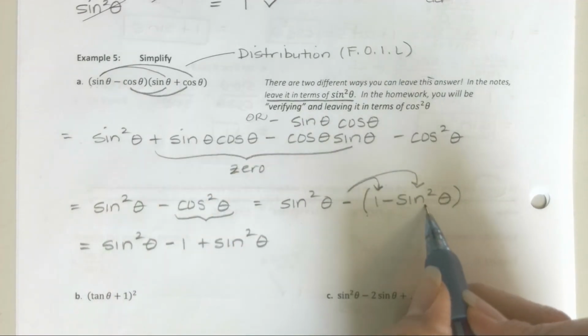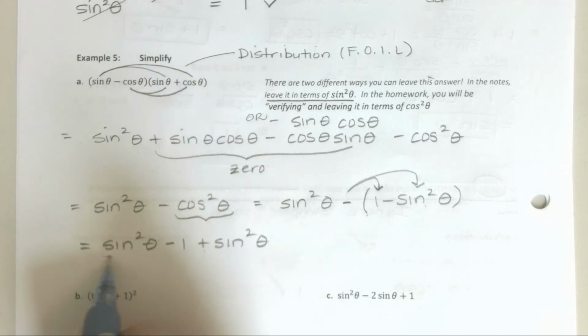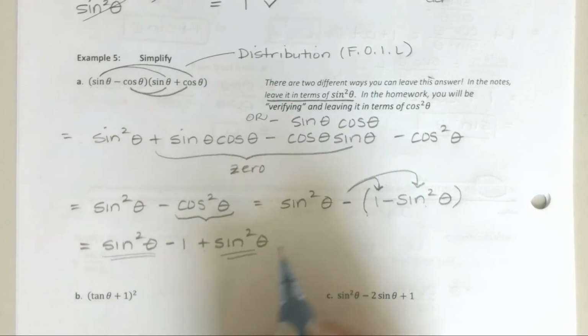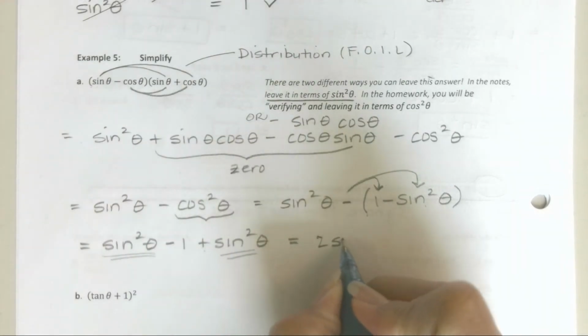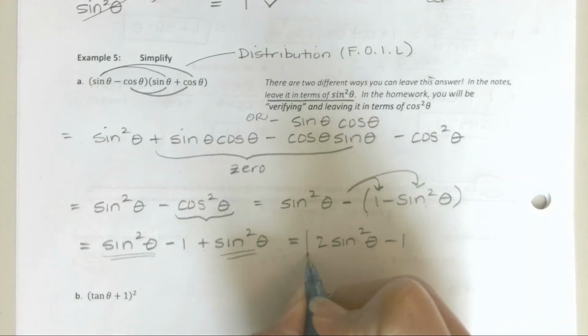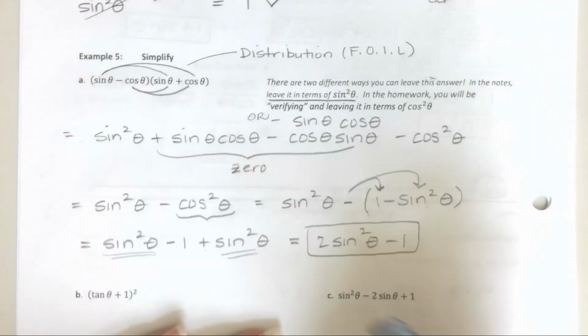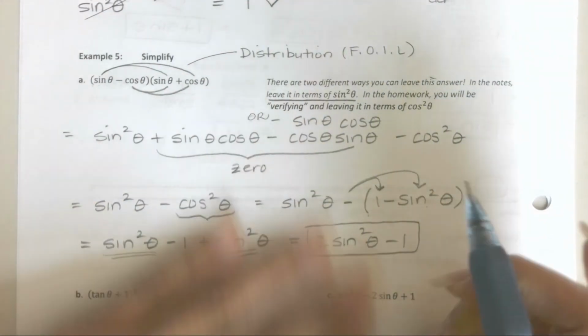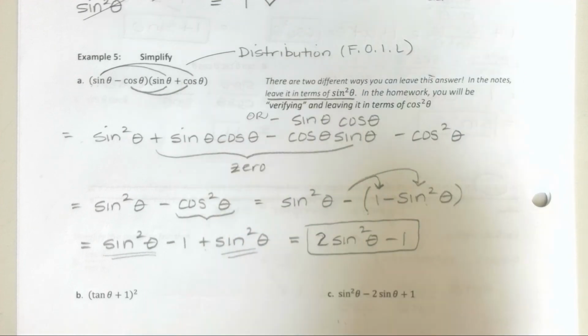Negative times negative sine squared is a positive sine squared. And then I know that I can combine like terms. What's sine squared plus sine squared? Very good. 2 sine squareds, because there are 2 of them. And there is your final answer, just like they said, in terms of sine squared. So there are no other trig terms in your final answer. Okay.